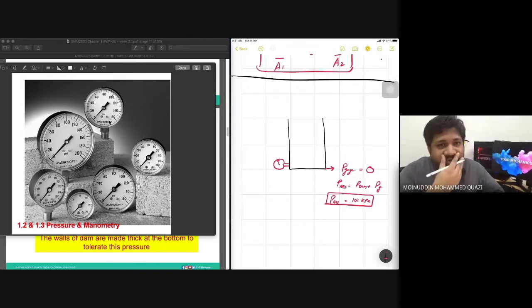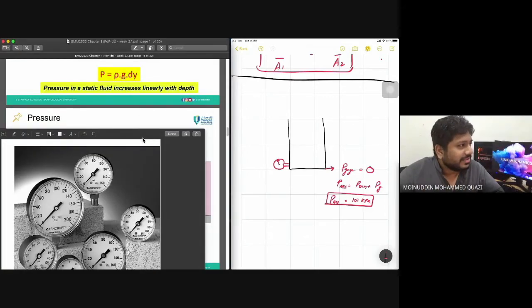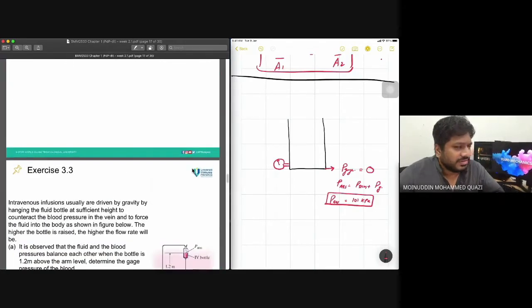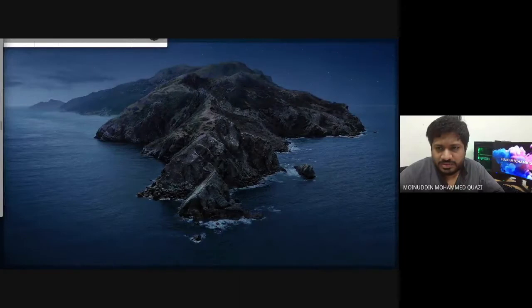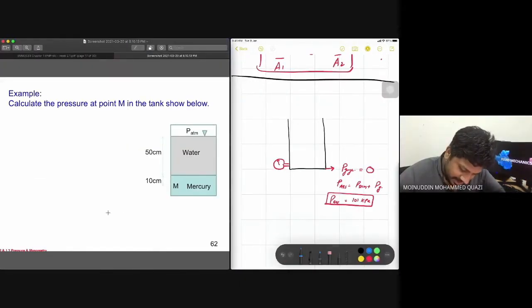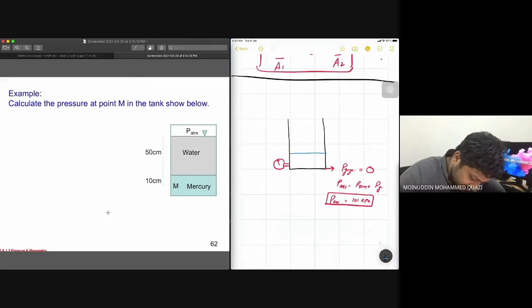Now let's fill some mercury inside. Okay. I put mercury inside. This mercury has a height of 10 centimeter.